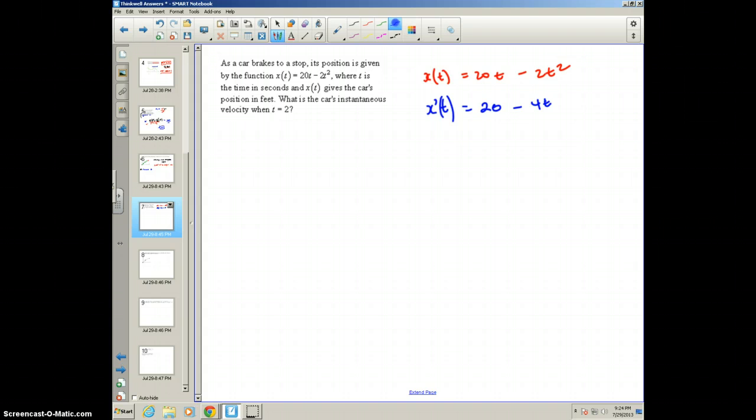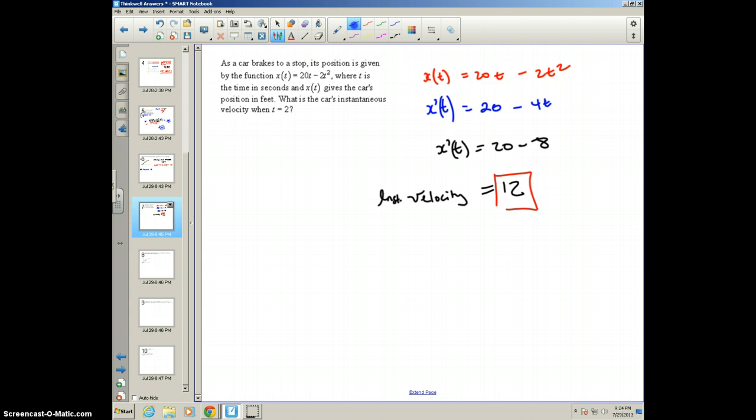Once we have that, we plug in 2. So now we have x prime of t equals 20 minus 8 equals 12. And that is our answer right there, 12. That is the car's instantaneous velocity. So instantaneous velocity when t equals 2 is 12.